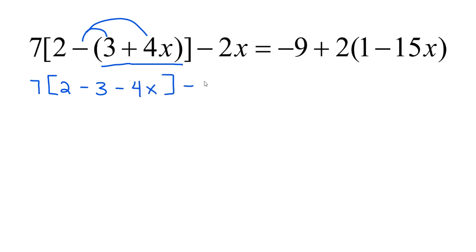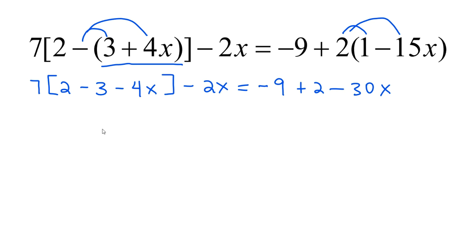Then I have a minus 2x equals, on this side of the equation, I have a set of parentheses. I can go ahead and get rid of that by distributing this 2. So that's minus 9. That would be plus 2, and then minus 30x.